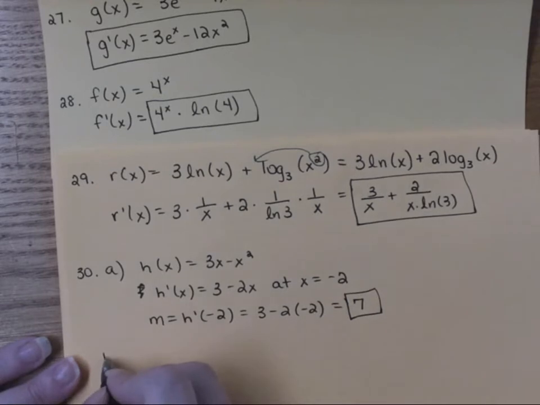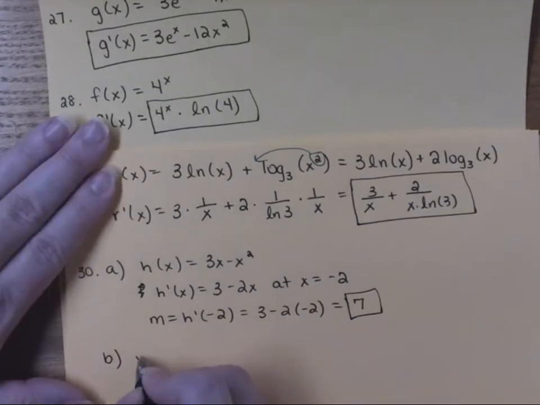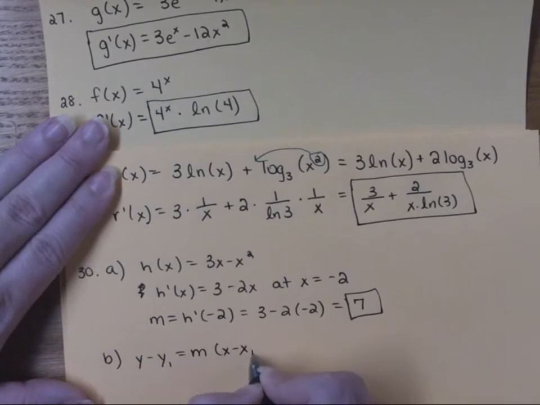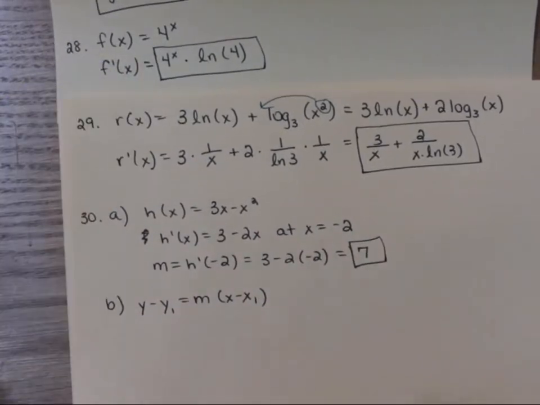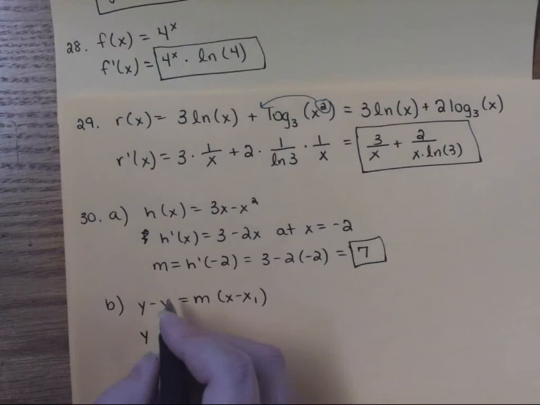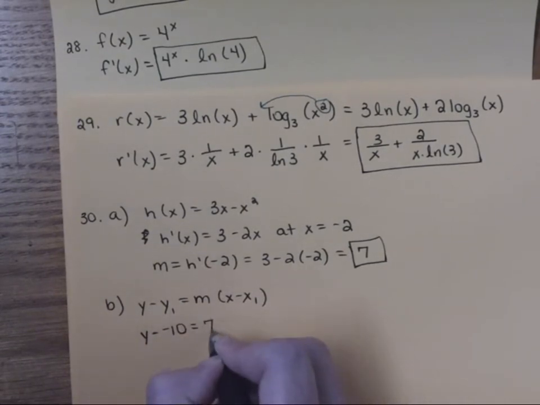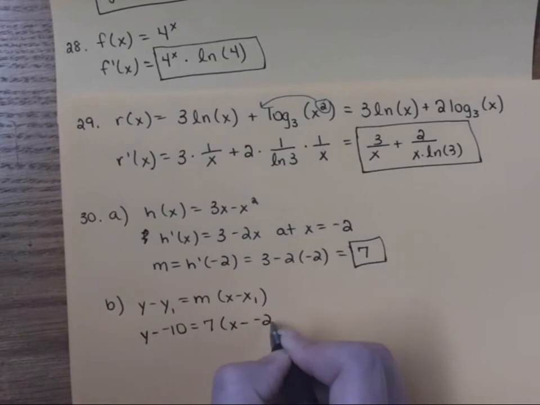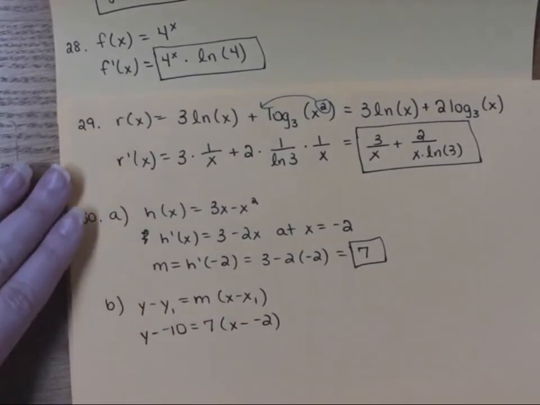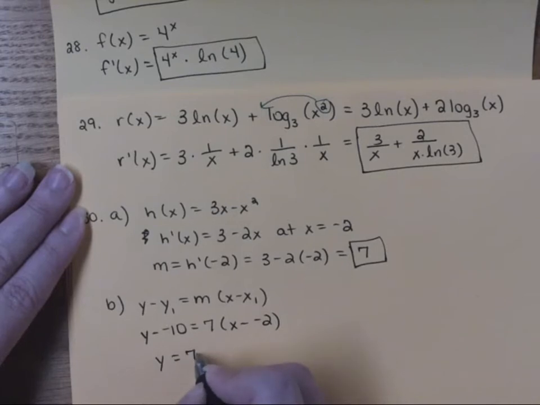That's your slope. And then for part B, make sure you know this formula, y minus y1 equals m times parentheses x minus x1. So we'll just plug in what we know, right? We were given the y value if you look back at the point. So it's y minus negative 10 equals 7 times x minus negative 2. And so if you work all of that out with FOIL and stuff, you're going to get 7x plus 14, right?